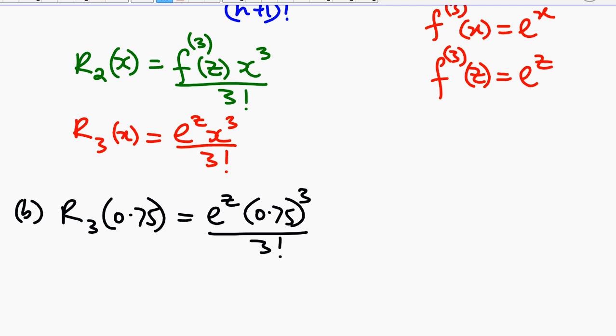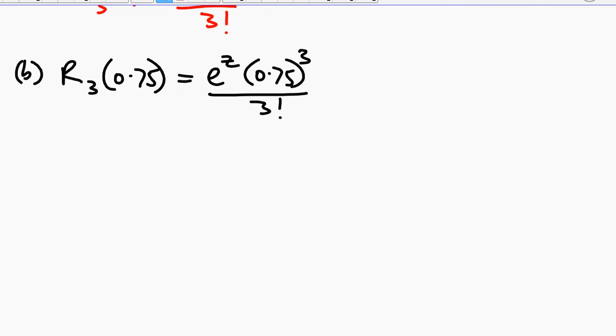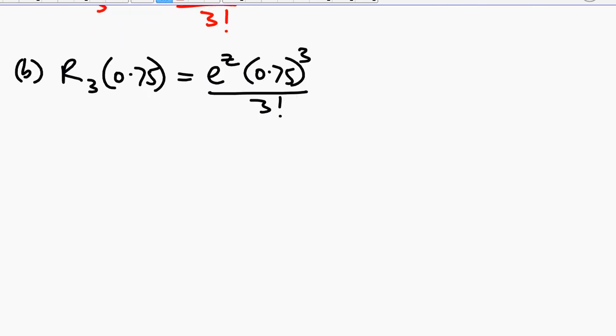Now we have to find z. Remember what we said initially. We have to pick what z is. Now, we know that z is between x and c, all right?